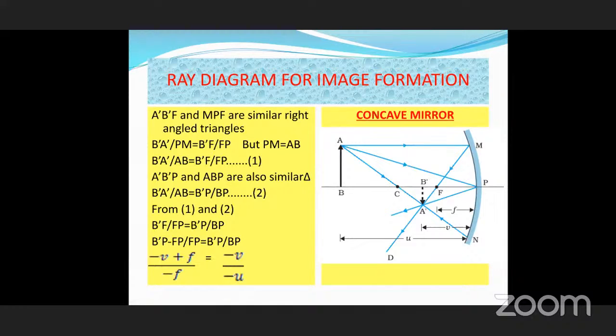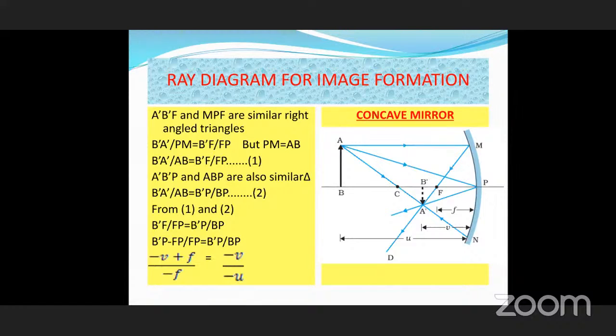The two triangles are similar, and both have the same base. Therefore, you can take B dash A dash by AB, the heights ratio, equal to B dash P by BP. The big triangle base is BP.